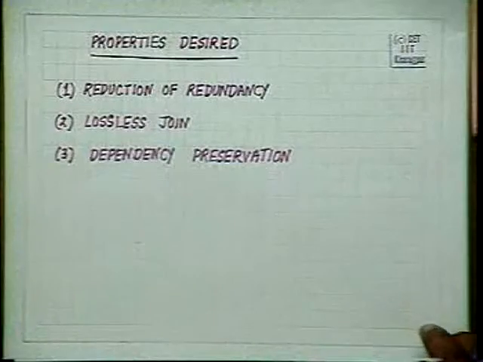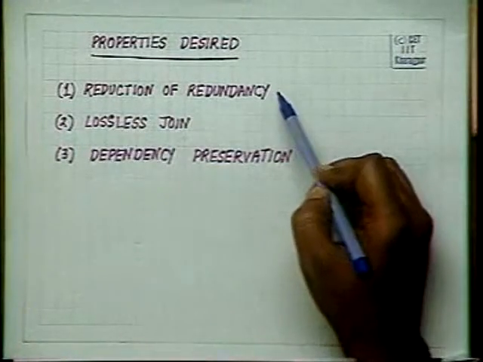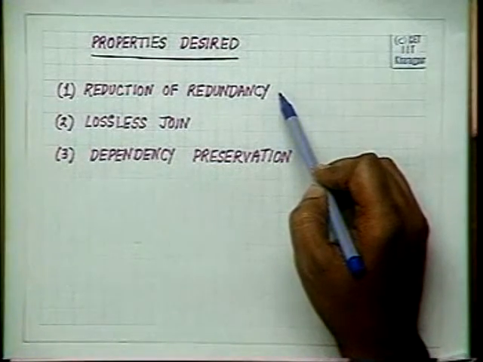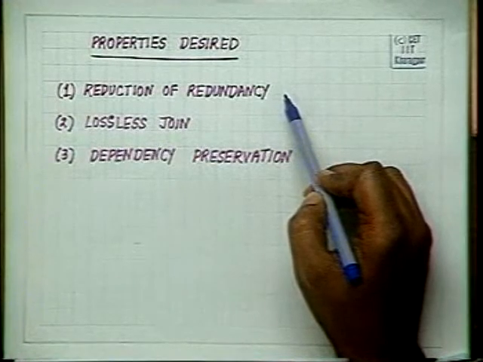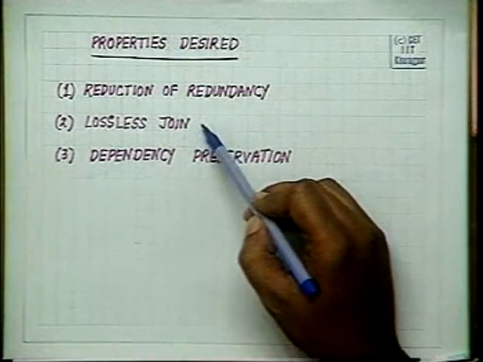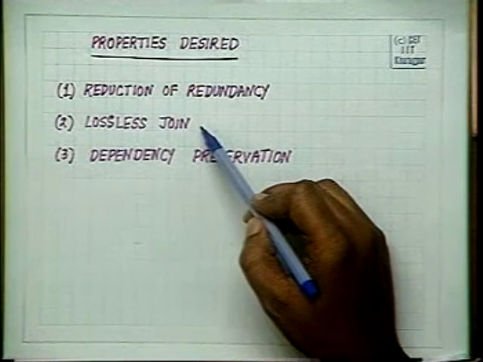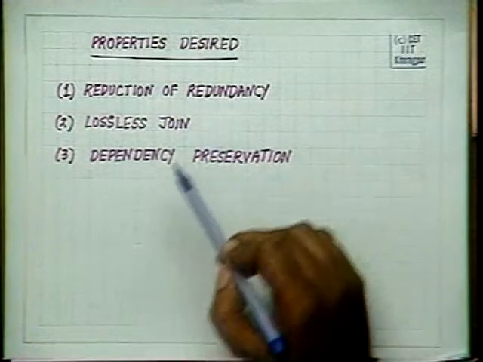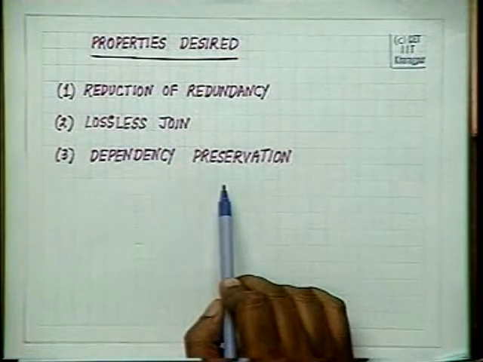We also discussed that there are three desirable properties of a decomposition. The first is the main item based on which database decomposition starts, which is reduction of redundancy. The second is a necessary criterion, the lossless join requirement, and the third is dependency preservation.